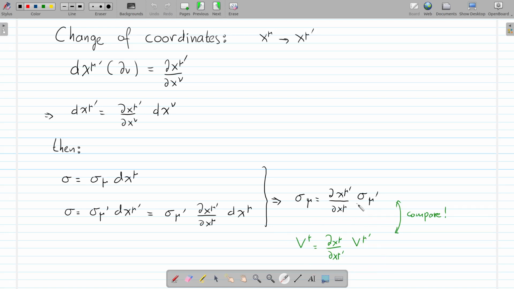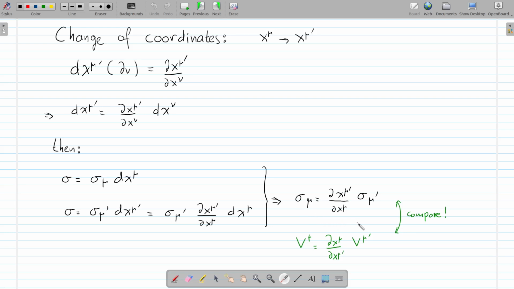You see that the components transform in a similar way by the action of derivatives of components in one coordinate system with respect to the other, but you see here that we use the inverse of those matrices in these two different cases.